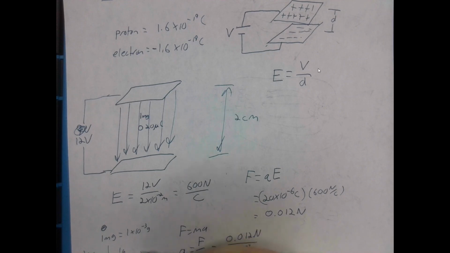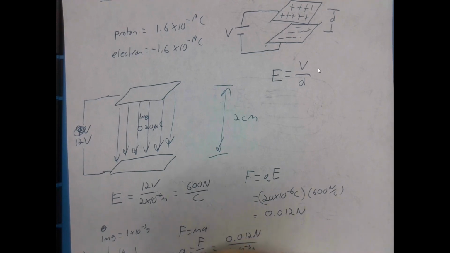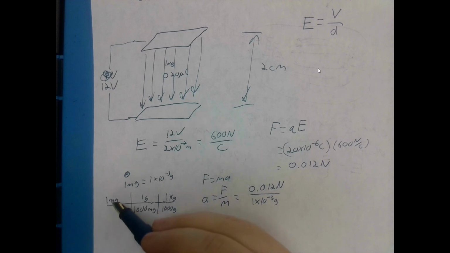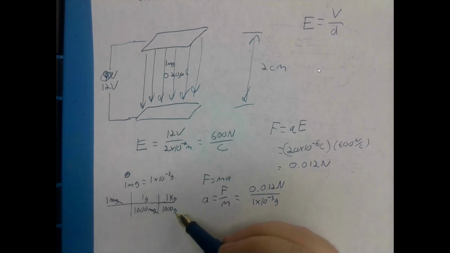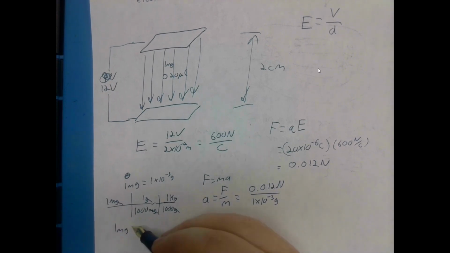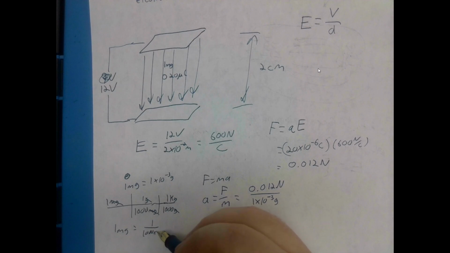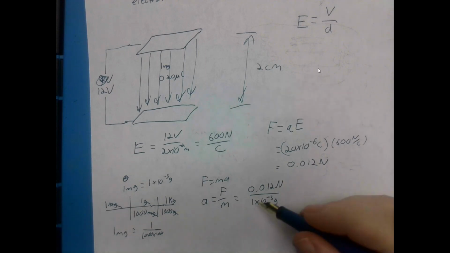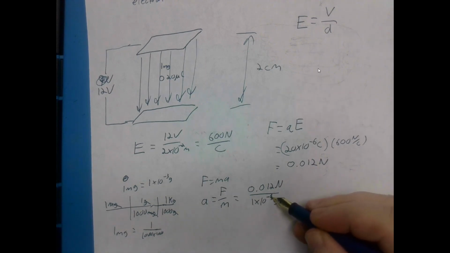And I know there are 1,000 grams in 1 kilogram. So milligrams divided by milligrams cancel each other out. Grams divided by grams cancel each other out. I'm left with kilograms. So 1 milligram is equal to 1 divided by 1,000 times 1,000, which would be 10 to the negative 6 kilograms.